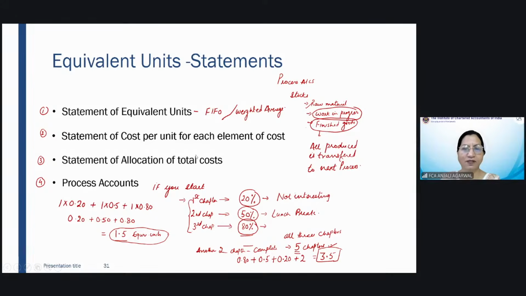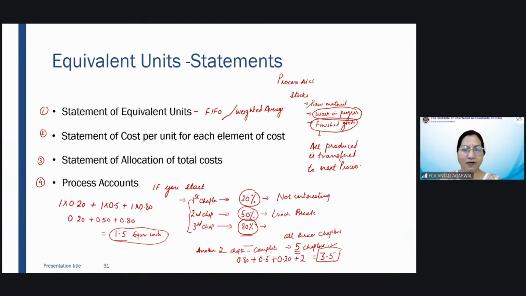It is not about chapters, it is about units. When we talk about equivalent units, we don't at all look at rupees. Any figure in rupees is totally irrelevant to us when you're preparing the statement of equivalent units.